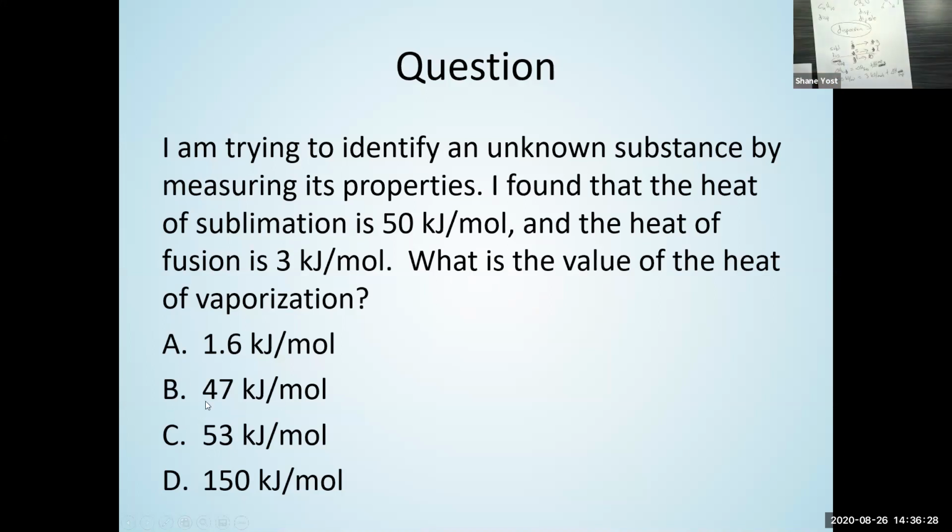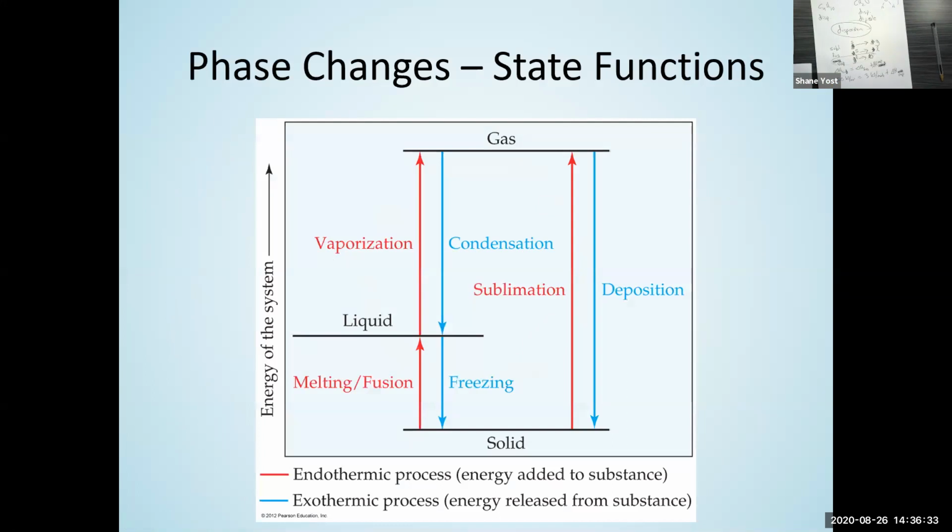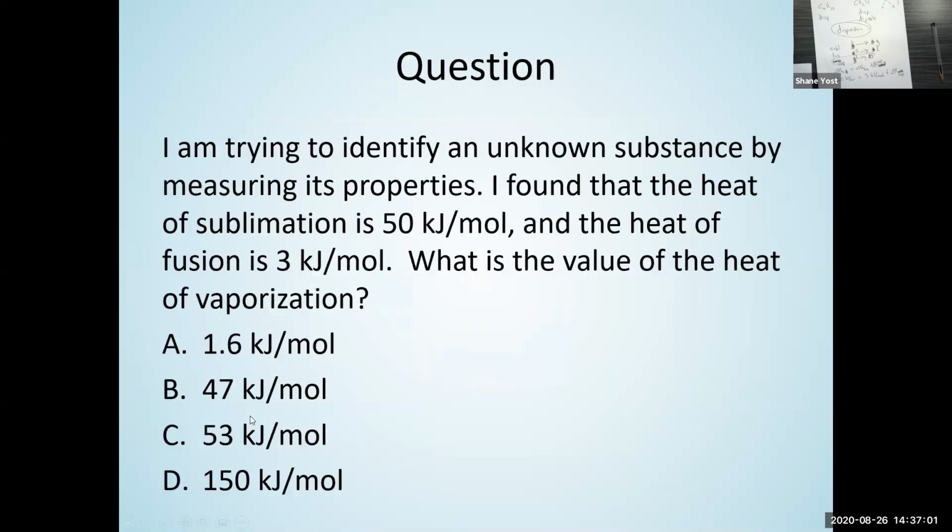So B here, 47 kilojoules per mole, is the answer. Because again, the energy it takes to go from, say, gas to solid or solid to gas is the same as doing it going through the liquid phase. You're just breaking that overall term into two smaller pieces and then adding them together. So again, B here, 47.